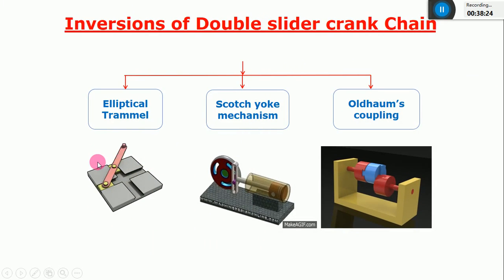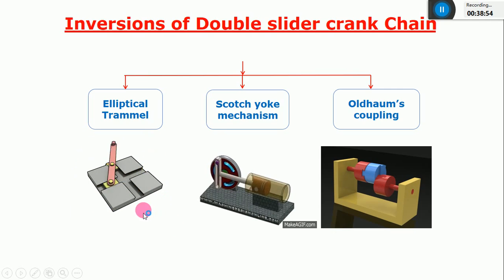Okay, this was used in the olden days. In the sheet metal industry, if you want a metallic sheet in the form of an ellipse, in the olden days there were no CNC machines. In that case, if you want to cut an elliptical sheet metal, you can fix the cutting tool at the end, at point P, and you get the elliptical machining.